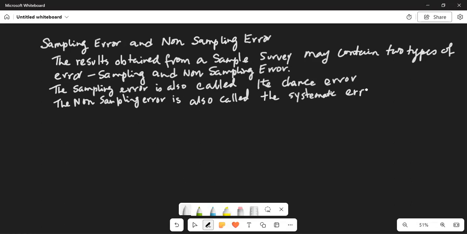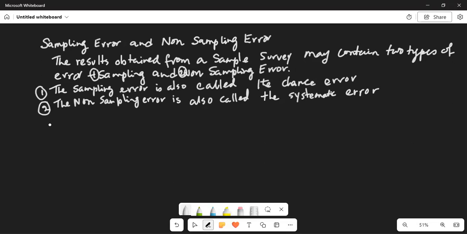So two types of error. One is sampling error and two is the non-sampling error. The sampling error is also called the chance error, and the non-sampling error is also called the systematic error.